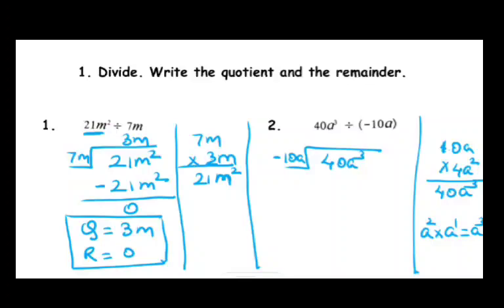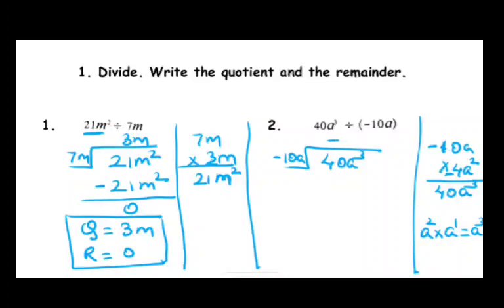But if I write a plus 40 out here, my remainder will come up to be 80. So I will have to make sure that I have negative signs in both my expressions. The minus 10a is mentioned in the question, but I will have to multiply 10a with minus 4a square.